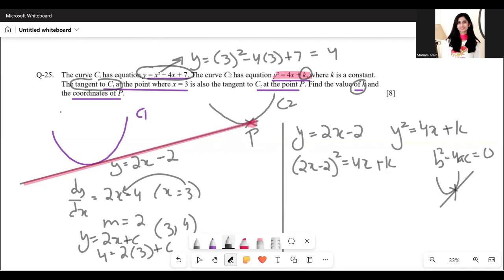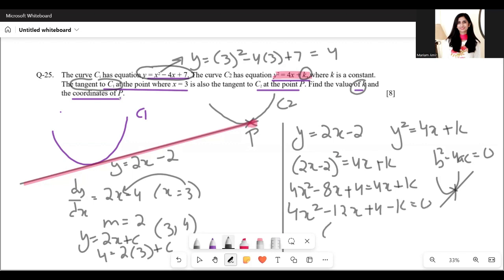Expand, rearrange: 4x squared minus 8x plus 4 equals 4x plus k. Move everything to the same side. We get 4x squared minus 12x plus 4 minus k equals 0. Then b squared minus 4ac equals 0.